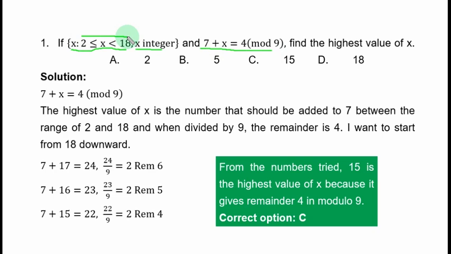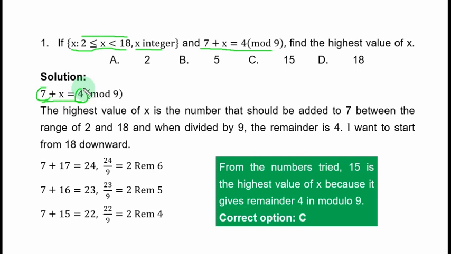The given inequality simply means that we are considering from 2 to 17. To solve this modular equation using the given interval, you look for the highest value of S to be added to 7, so that when you divide it by 9, the remainder is 4. In modular arithmetic, we are only interested in the remainder.